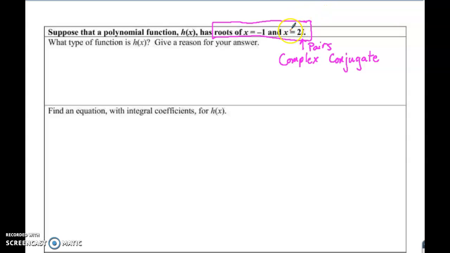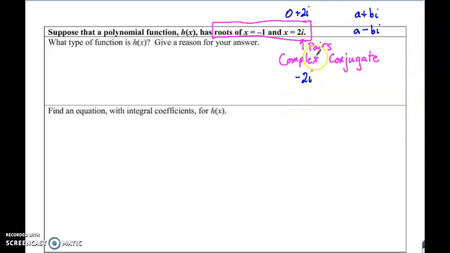So what I'm talking about is, if 2i, I need to be careful on how I say this, because the complex number is a plus bi, its complex conjugate is the real part stays the same and you negate the imaginary part. So this number that we're looking at, 0 plus 2i, I was technically right to say that its complex conjugate is just the opposite, negative 2i, but that's because the real part, 0, stayed the same.